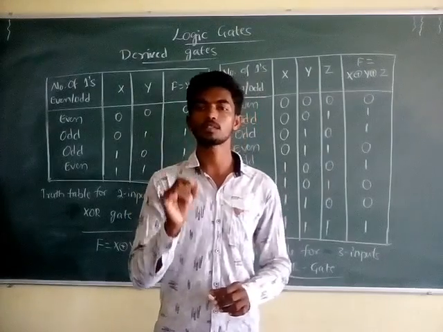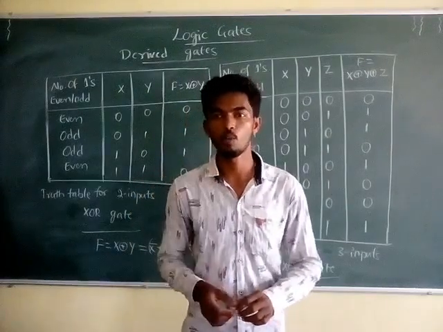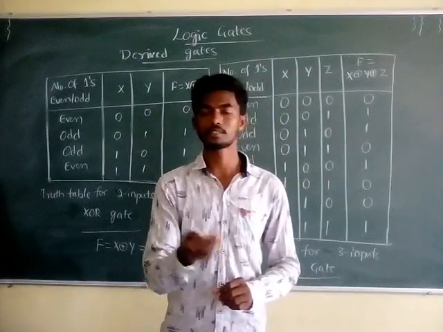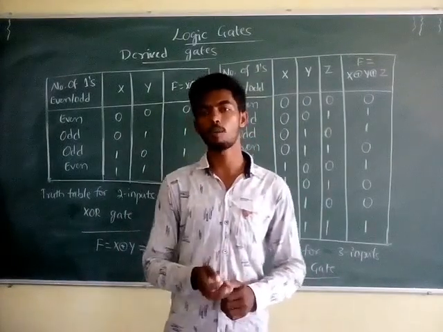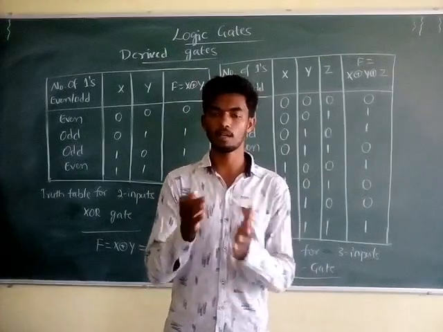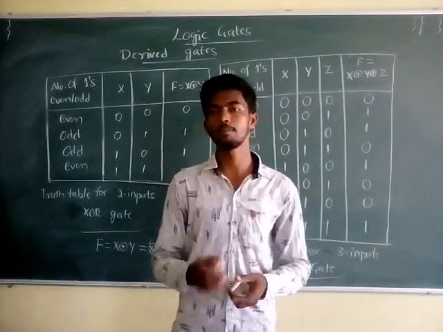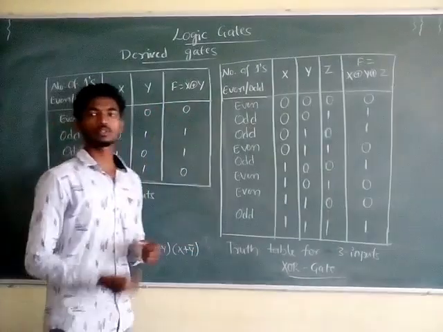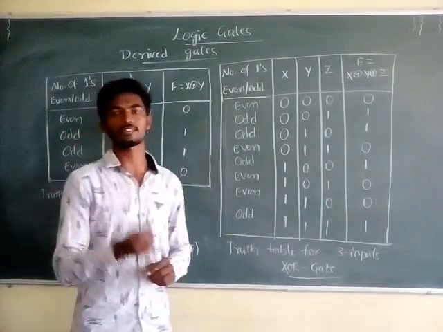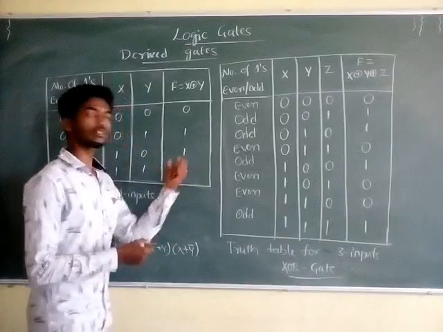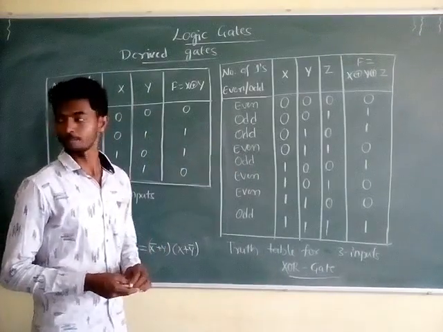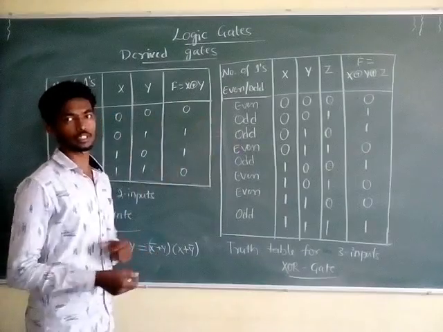How many ones exist in a given combination, on that basis the XOR gate works. Let us see. Here I have drawn two truth tables for a XOR gate, for 2 inputs and for 3 inputs. Let us see the working nature of a XOR gate using these two truth tables.